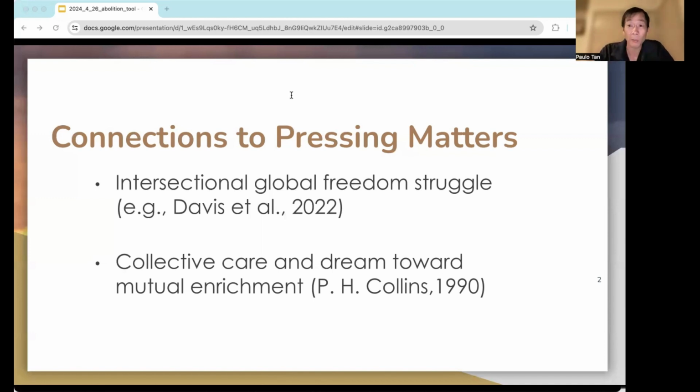So we talk about racism, sexism, settler colonialism, capitalism. All these systems of oppression are interconnected. And so this concrete work that I'm going to share today, I aim to have it connect to these larger conversations and contribute to this larger global struggle.